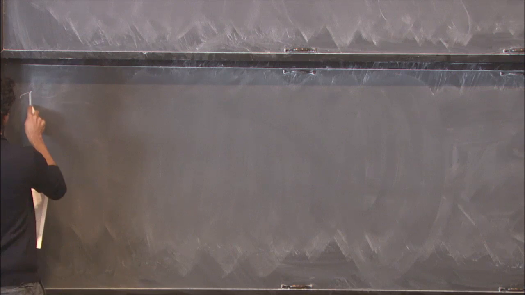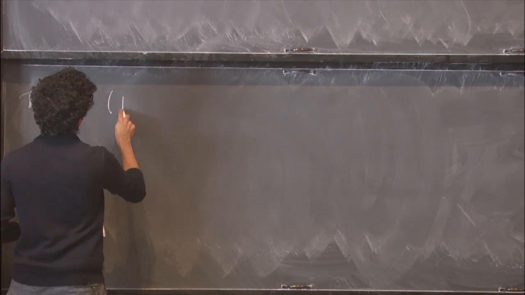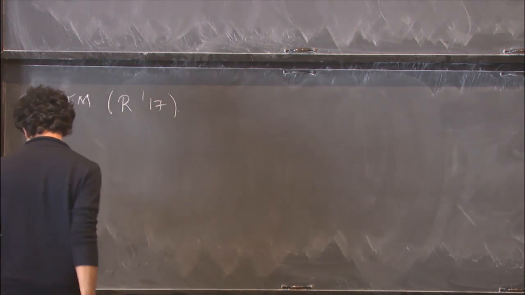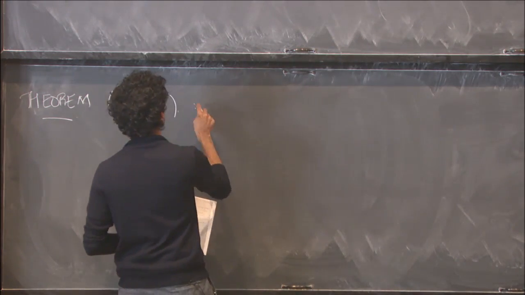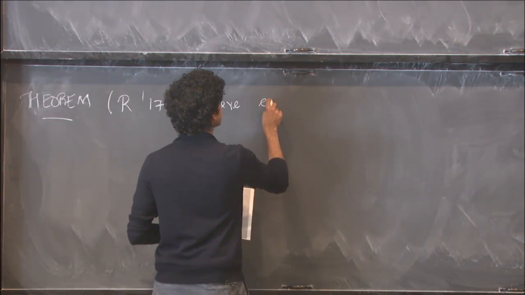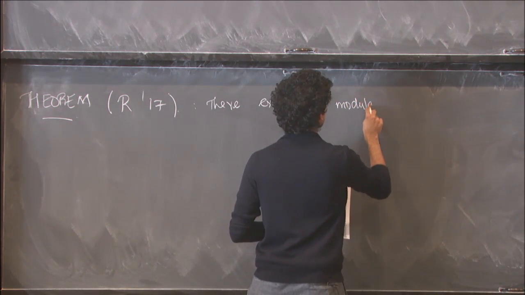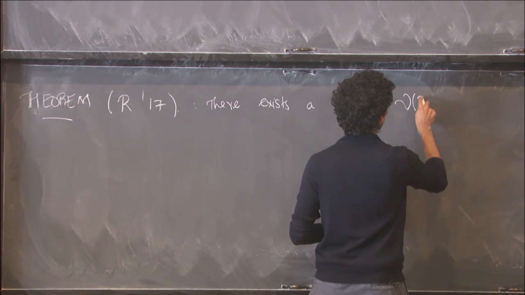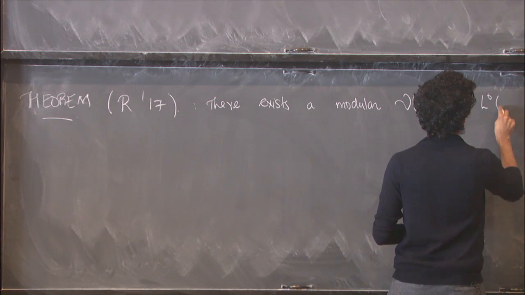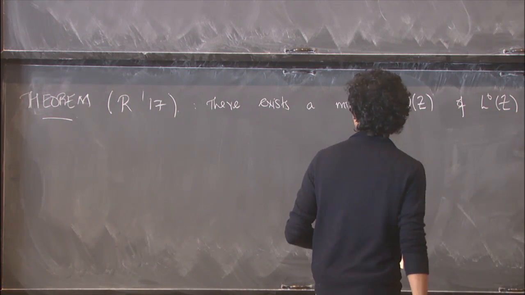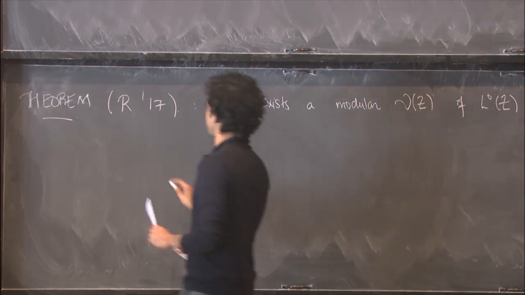So, theorem. This is still in progress. Maybe it'll be done by the time I leave here. Okay, so there exists a modular compactification, meaning a compactification that's a moduli space of something, V of Z, of L naught of Z, that has a bunch of nice properties.